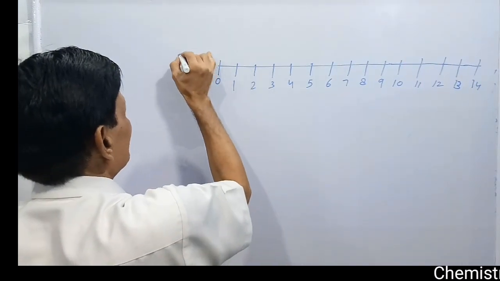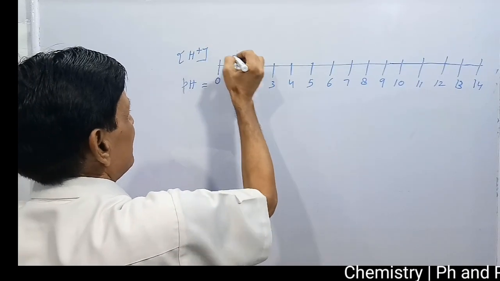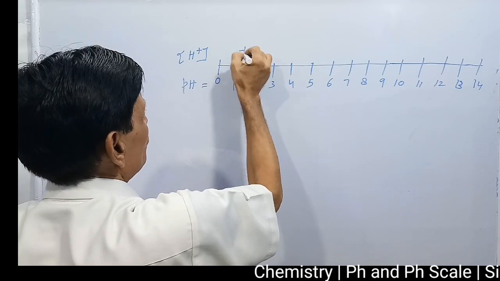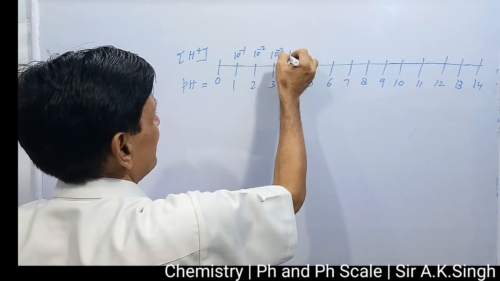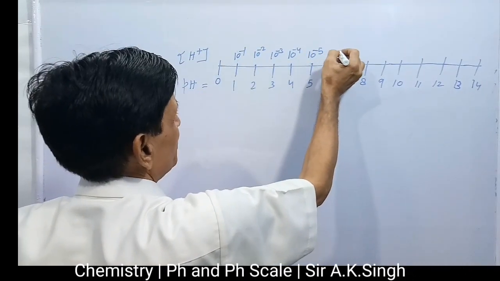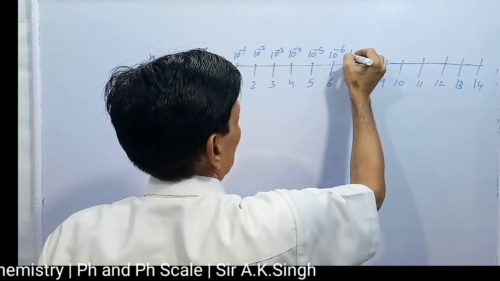And here I am writing the hydrogen ion concentration in mole per liter. Here 10 to the power minus 0, 10 to the raised power minus 1, minus 2, minus 3, minus 4. Like that, it represents the concentration of hydrogen ion in mole per liter.